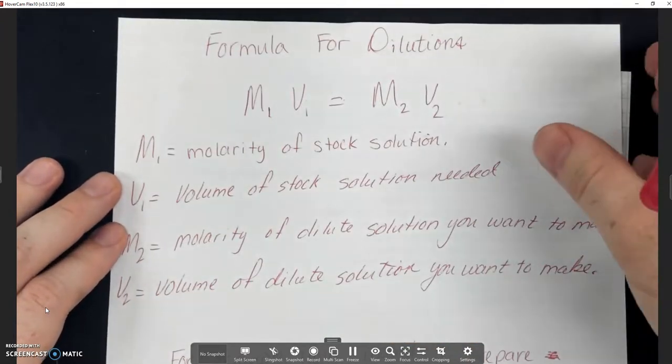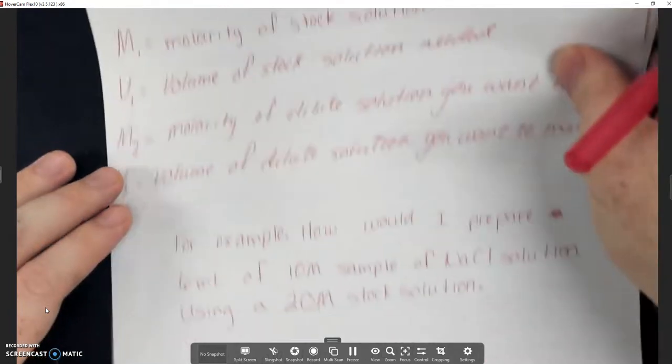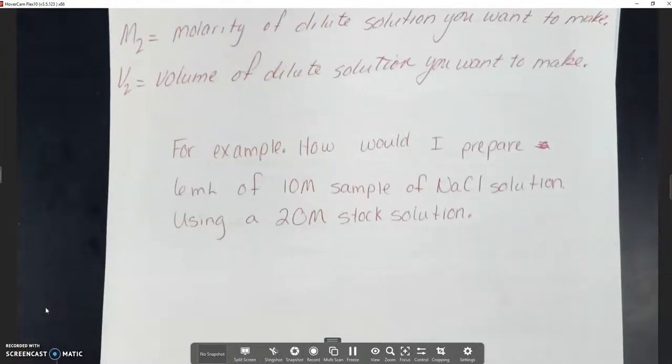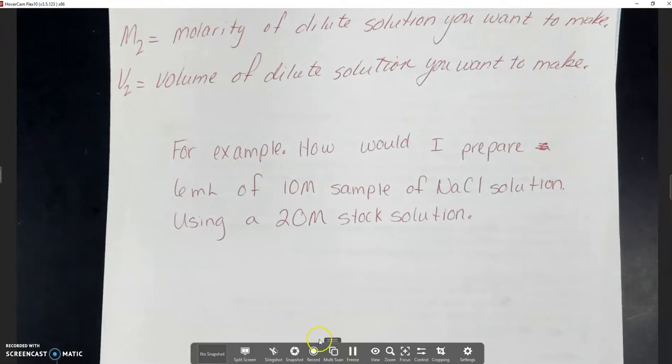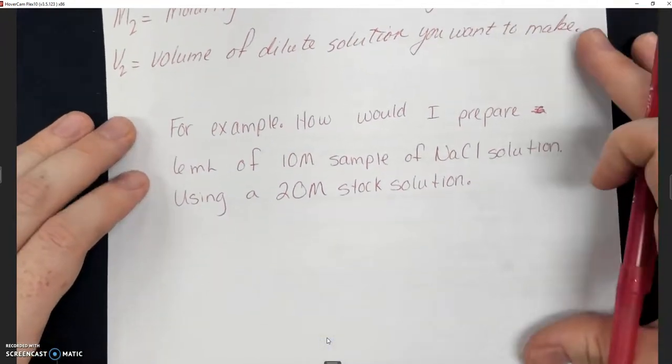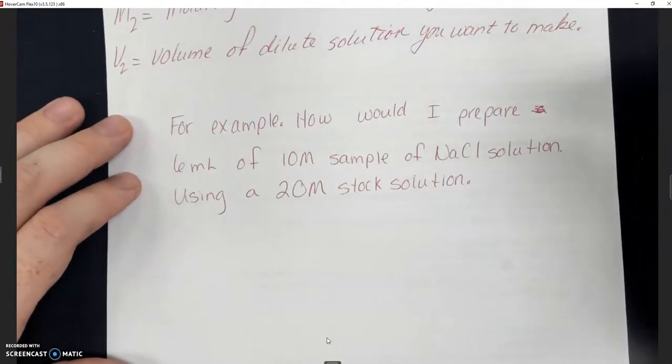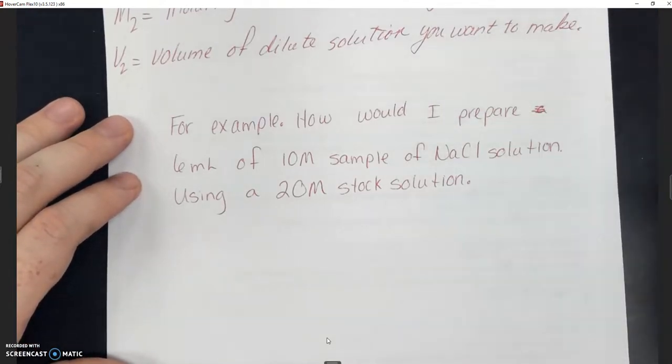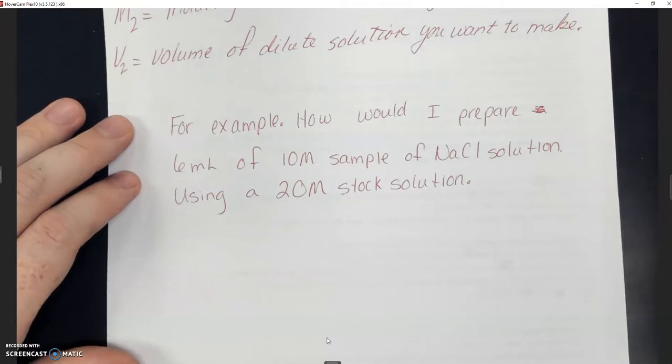Okay, here's an example problem below of what a dilution would incur. How would I prepare 6 milliliters of 10 molar sample of sodium chloride solution using a 20 molar stock solution?